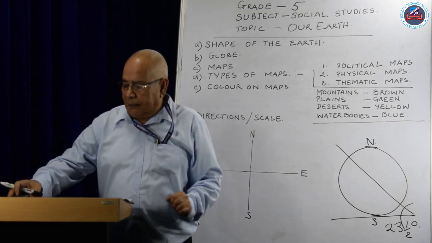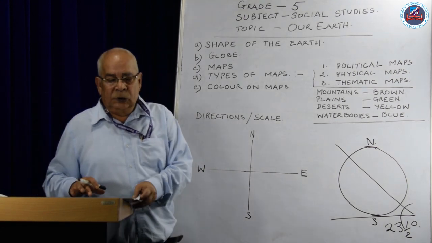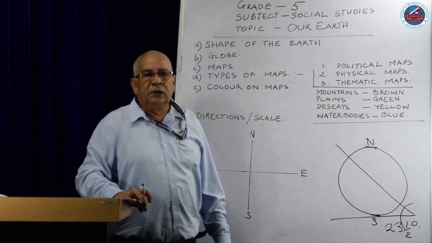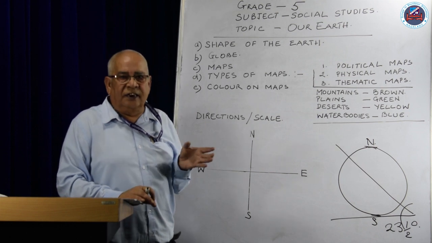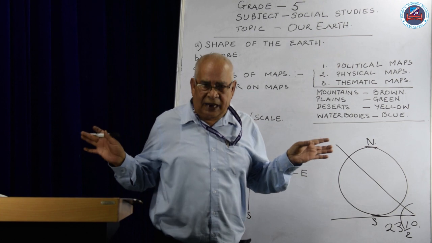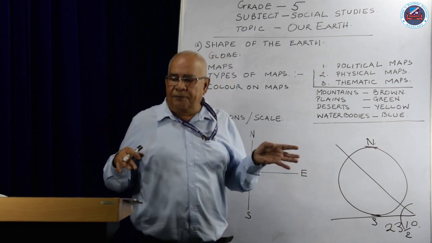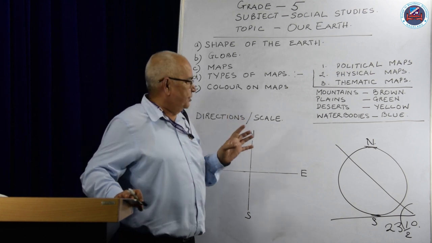Now, when we are making a map, we have to follow the directions. We have major directions or cardinal directions known as north, south, east, and west. And then we also have sub-directions, four sub-directions.